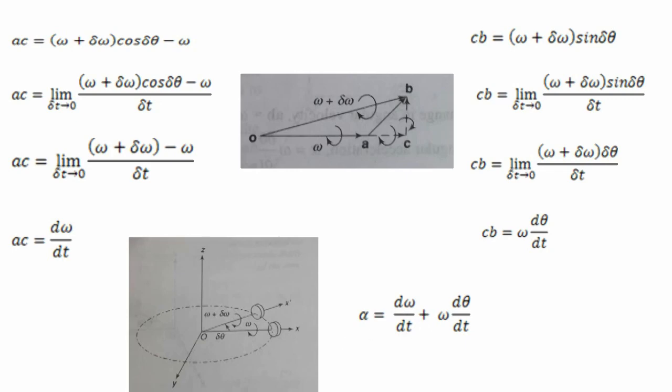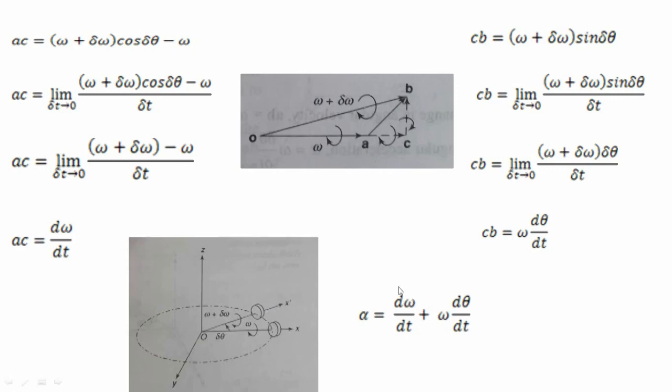Now what is d omega by dt representing? It represents the change in magnitude of the angular velocity of the rotor. This term, AC, represents the change in speed, meaning this much amount of speed is increased while changing the spin axis from here to here.